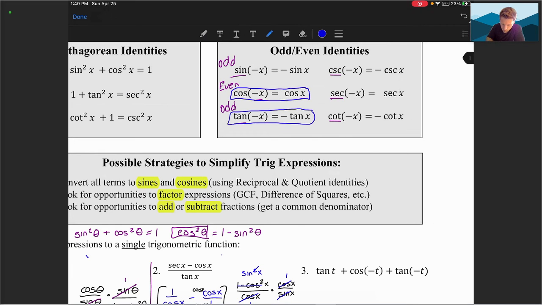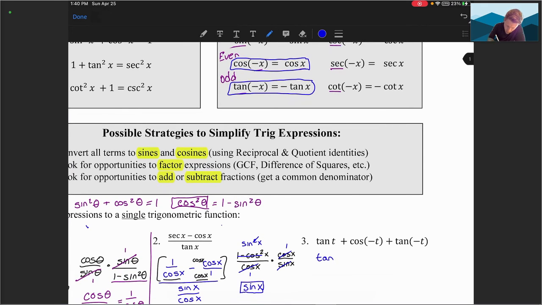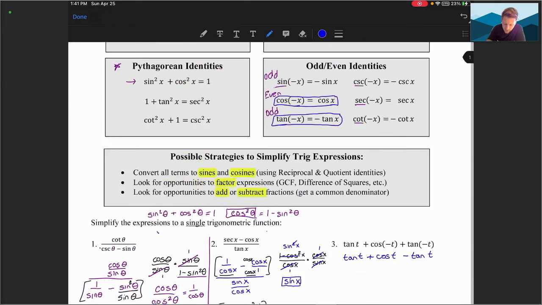So let's rework this with those in mind. The tangent of t I'll leave to start. The cosine of negative t is just going to be cosine of t. And then the tangent of negative t we know is going to turn to a negative tangent t based on those odd and even identities.